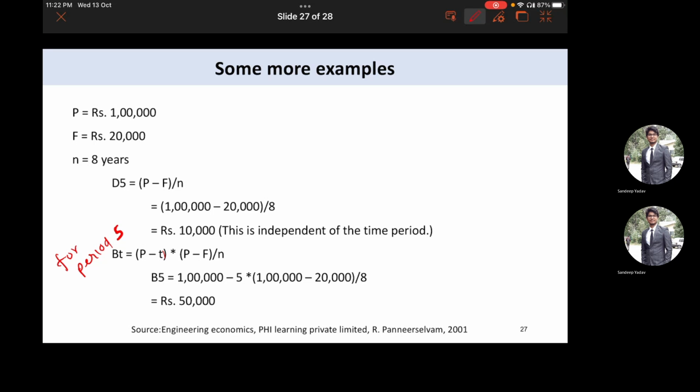So here we can calculate from this formula. Time period is 5. Then it will be 50,000.